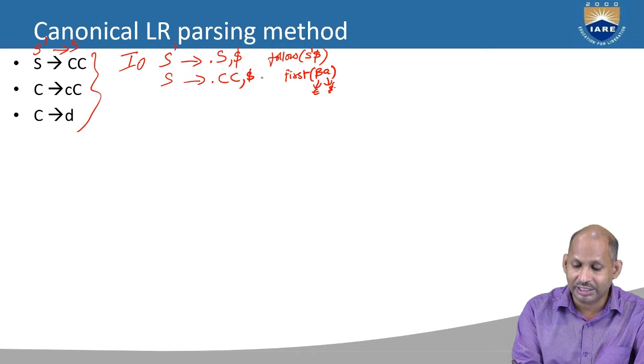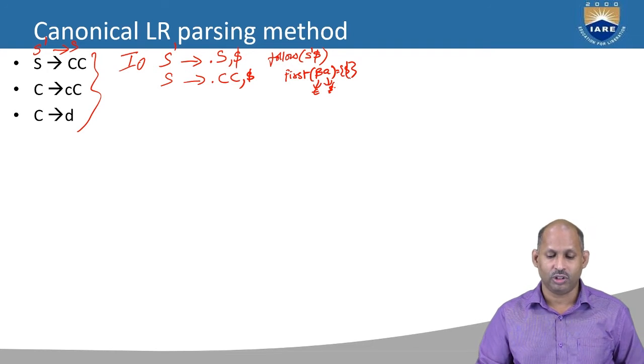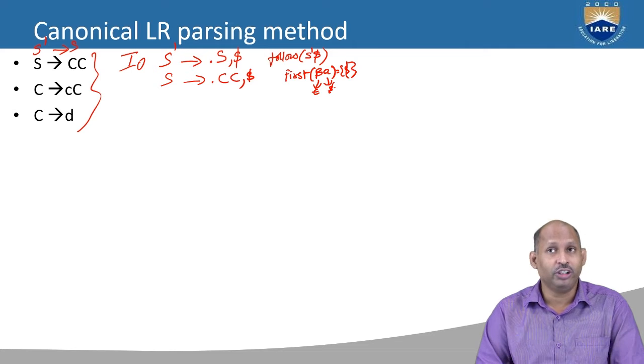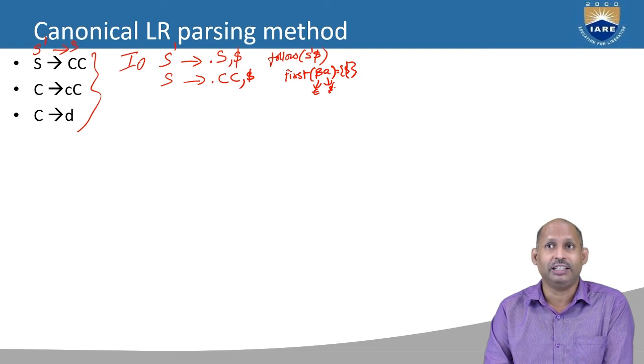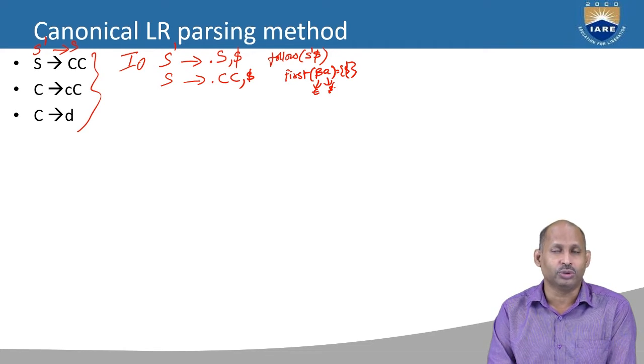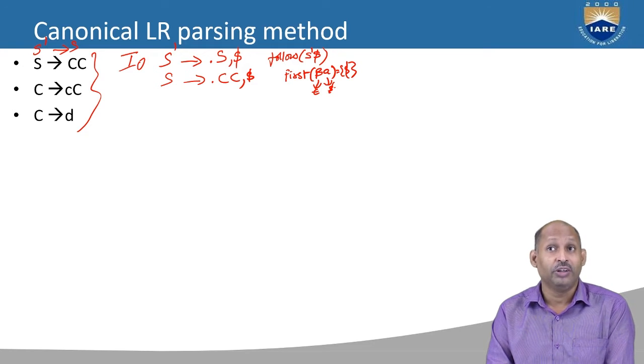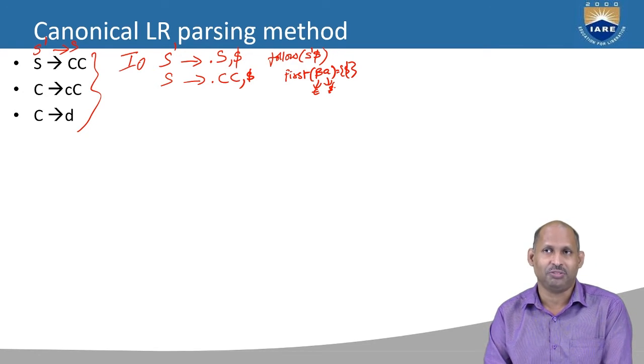So it results only in the dollar sign. For the first production, we consider follow of the root followed by dollar sign. For all the productions in the expansion of the closure group, we must consider first of beta.